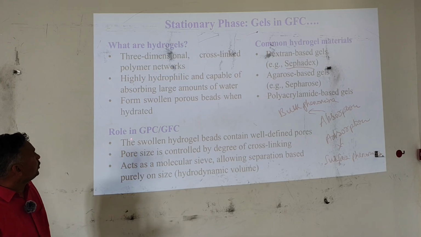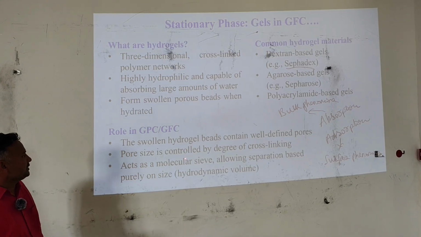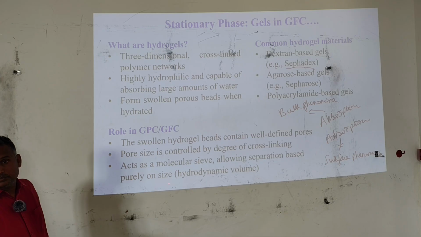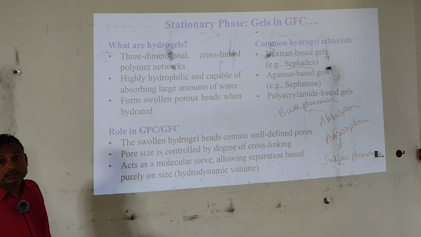properties. Role of these hydrogels in GPC and GFC. The solid hydrogel beads contain well-defined pores. Pore size is controlled by the degree of cross-linking. They act as a molecular sieve, allowing separation based purely on size, not on other interactions.